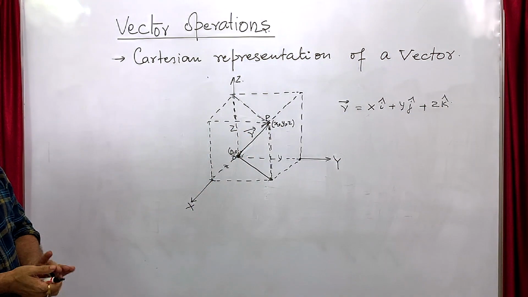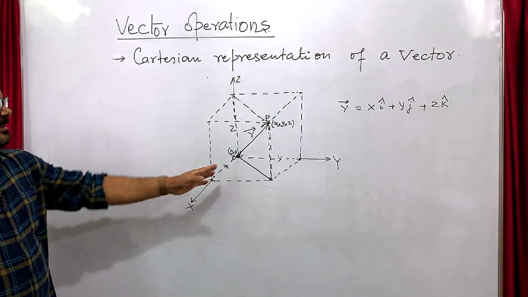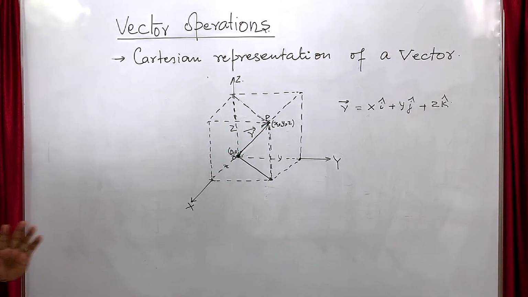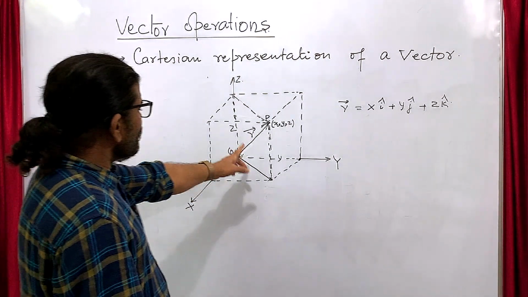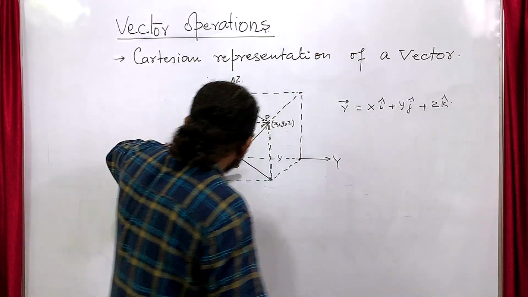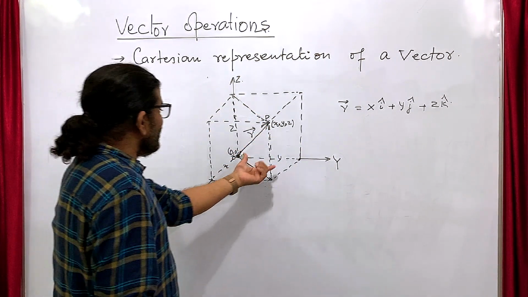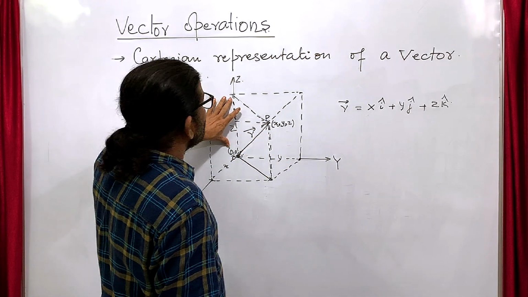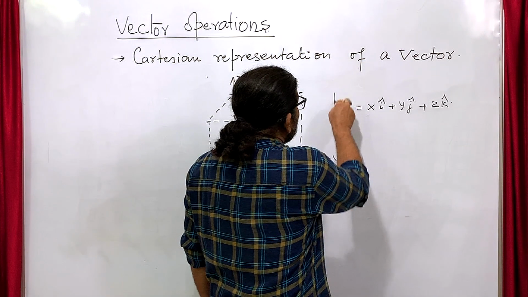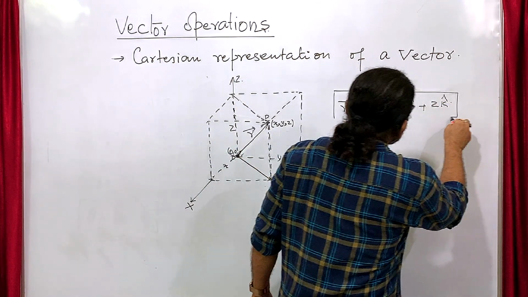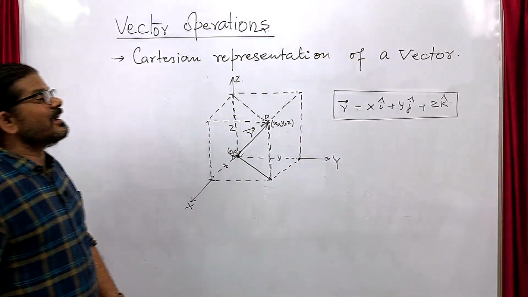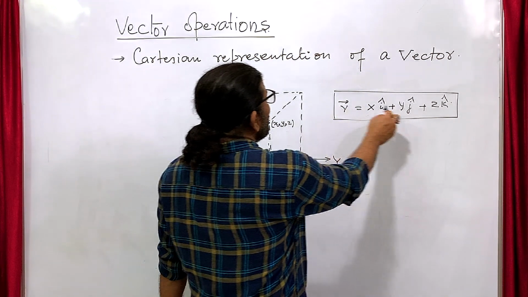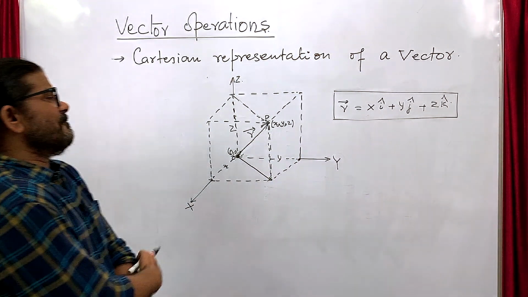This is one diagonal vector, representing the diagonal of this cube. See the figure in a proper way. So this is the x component of this OP vector, this is the y component, and this is the z component, so that vector r can be expressed in its x, y, z components in this way.